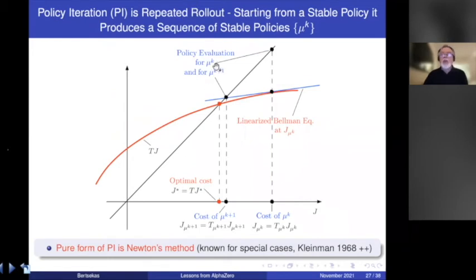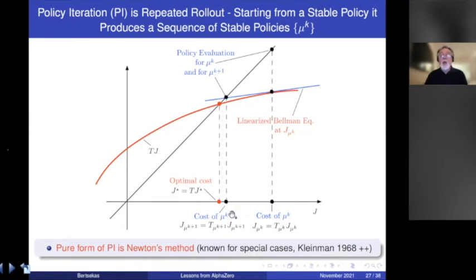The visualization is the following. Let's say mu k is the current policy, and this is its evaluation, the cost of mu k. You do a Newton step, linearize the Bellman equation at J mu k, then obtain mu k plus 1. This is the policy improvement step: policy evaluation, policy improvement, and obtain a new policy.